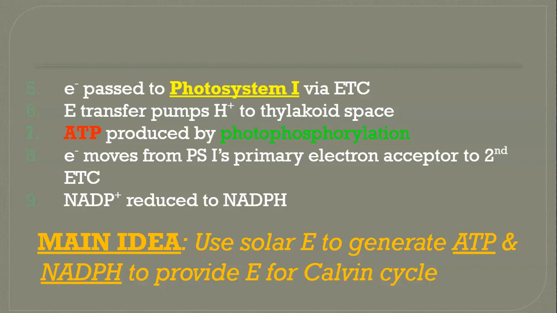So those kind of get pumped and bounce down small energy levels, and in the process, ATP can be made by something called photophosphorylation. So phosphates are being added to ADP molecules to produce ATP molecules. That's where it's called phosphorylation. You're adding phosphates to generate energy.